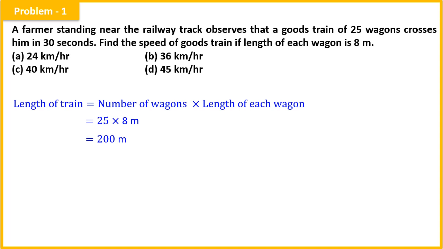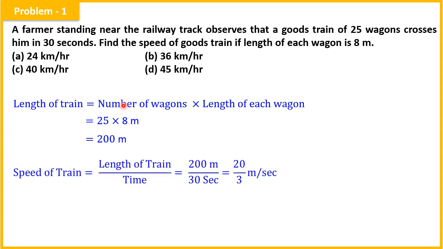Now we need to determine the speed of the goods train. Speed is equal to distance divided by time. The distance is nothing but the length of the train. So the speed of the train is equal to the length of the train divided by the time taken, that is 200 meters divided by 30 seconds, as mentioned in the question, which is 20 by 3 meter per second. Now if you observe all the options A, B, C and D, they are in kilometer per hour.